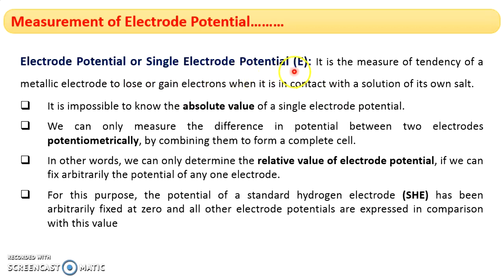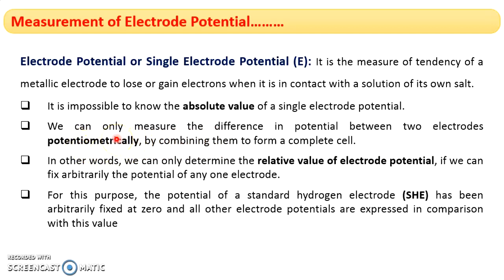Regarding the measurement of electrode potential, it is impossible for us to measure or find out the absolute value of the electrode potential. We can only measure the potential difference between two electrodes which are connected potentiometrically.